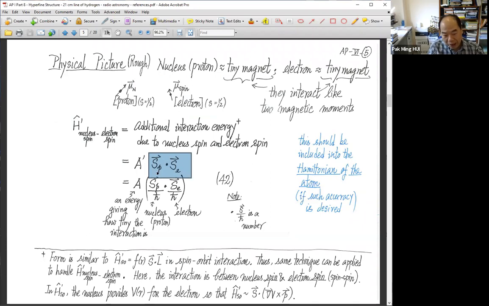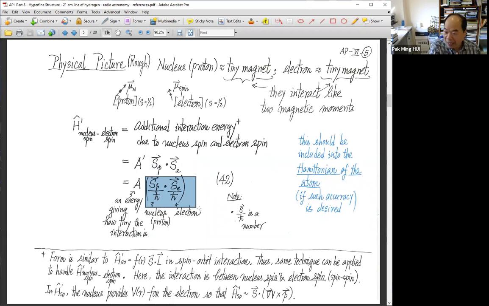The subscript p refers to the proton, the subscript e refers to the electron, but both are spin half. So thereby we have this classic situation of adding or coupling two spin half angular momenta. And if we divide by h bar, it is just a way to make this a number because angular momentum has the natural unit of h bar.